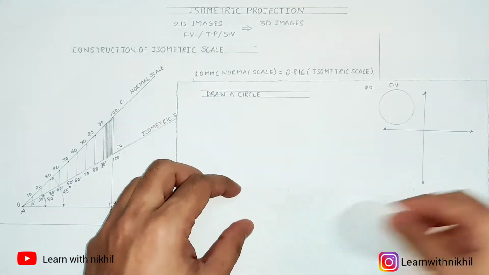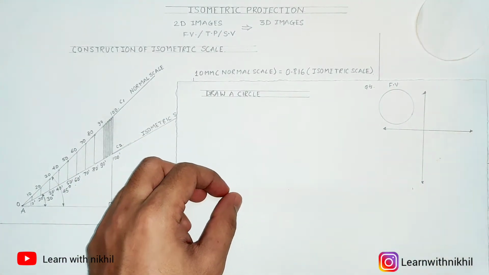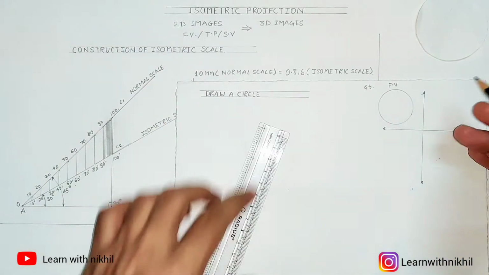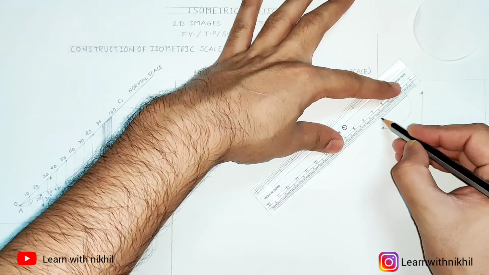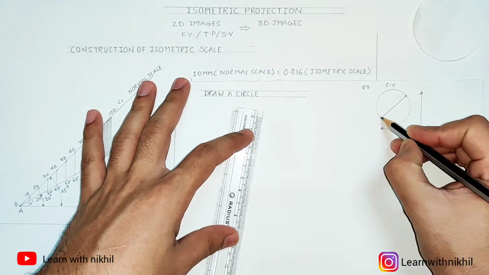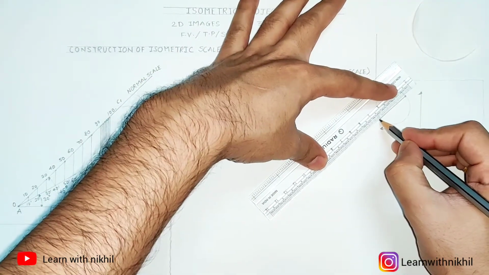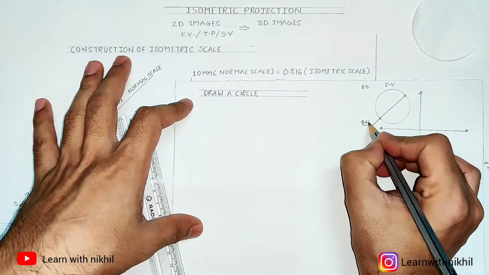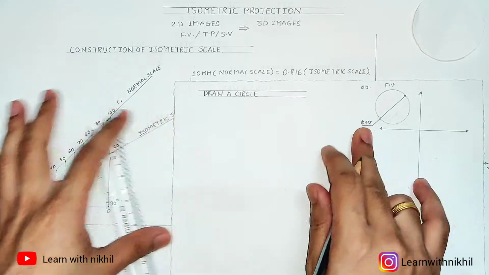Now we will draw the circle in three-dimensional. So in three-dimensional, basically the circle becomes a sphere. The dimension of the front view of the circle is given, that is 40 millimeter.